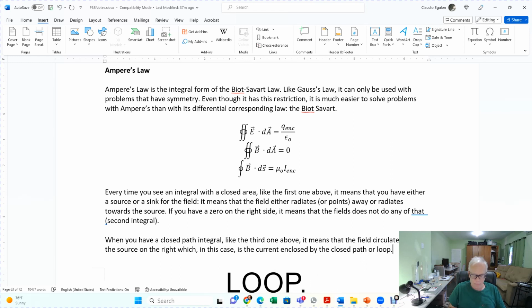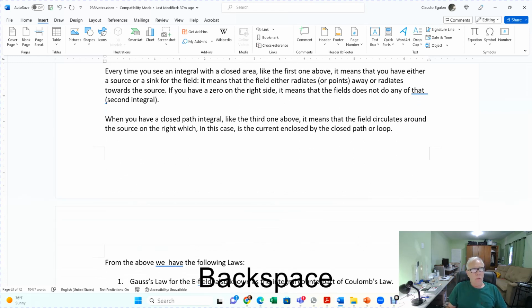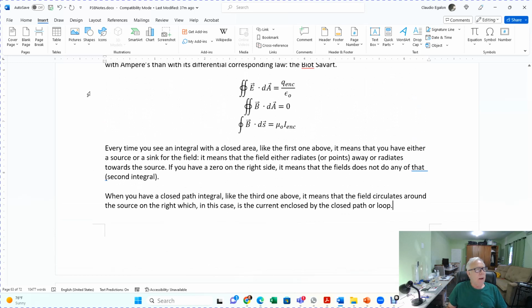That's what you have to know about that. Electric flux either radiates away from the charge or towards the charge. If we have a zero here, there is no field radiating away or towards the charge.